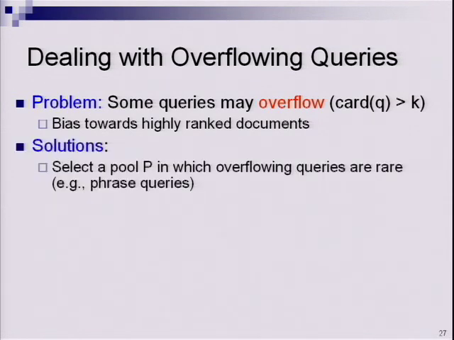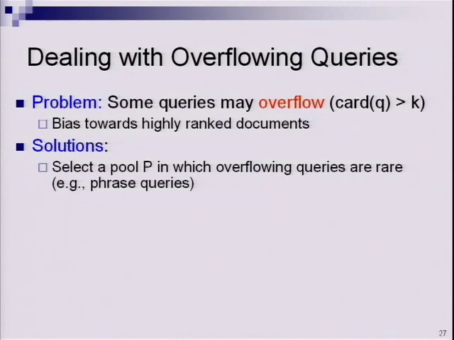First, when you create the query pool, you try somehow to create a pool of queries that do not overflow. For example, if you take phrase queries, it's better than taking conjunctions. Conjunctions will be more likely to overflow, or even single terms are very likely to overflow. But phrase queries, if the phrase is long enough, are less likely to overflow.